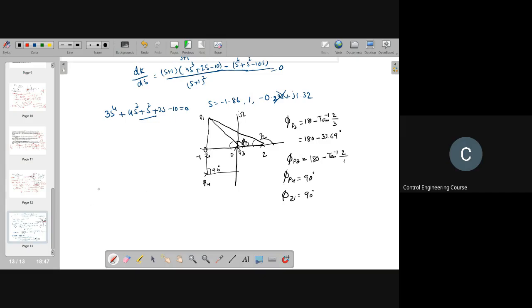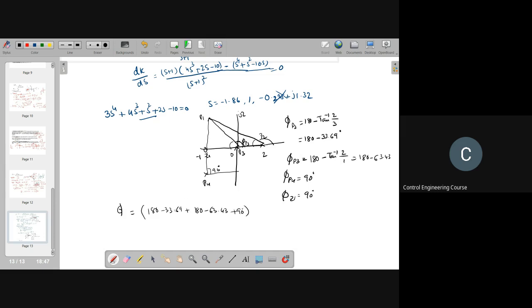Now the total net angle phi is equal to 180 minus 63.43. Then your phi will be 180 minus 33.69 plus 180 minus 63.43 plus 90 degrees.